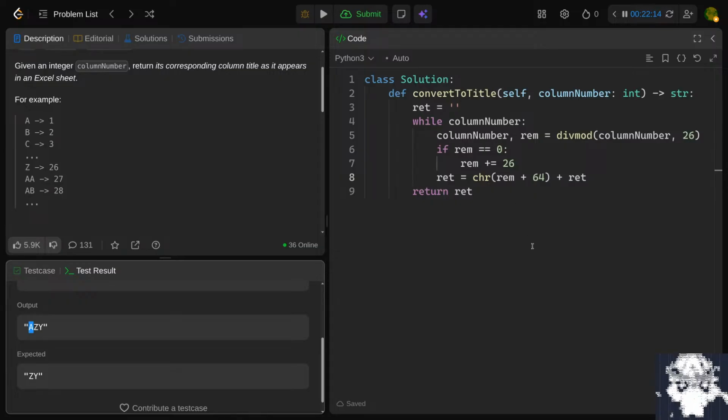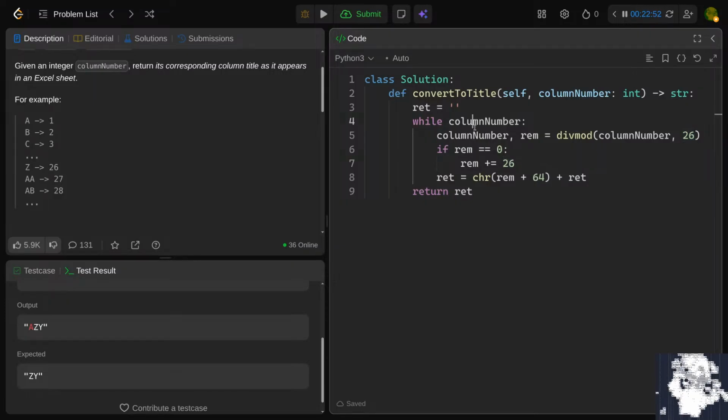So we div modded by 26. We got 1 and 0. And then we thought we had to recurse. But we don't have to recurse if we just got 1 and 0.